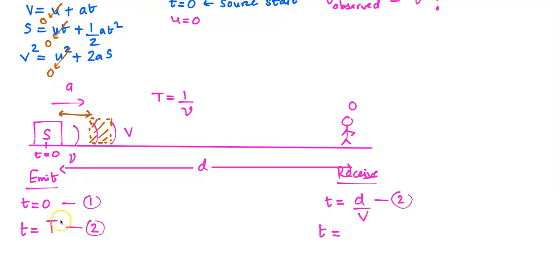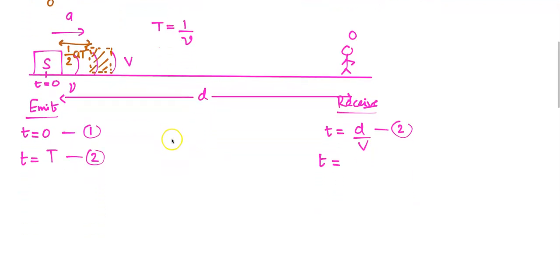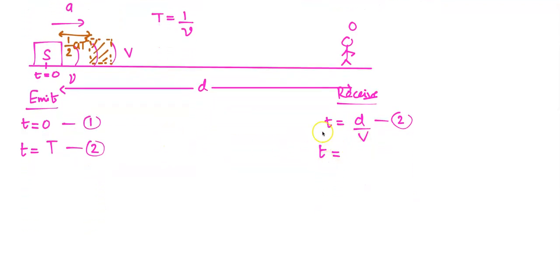So in the time T, which is typically very short because the sound waves are emitted at pretty high frequencies, it is going to have traveled a distance half a T squared in that short period of time. And so now for the second wave to reach the observer, it doesn't have to travel this entire distance d, but it only has to travel this remaining distance, which is d minus half a T squared, correct?